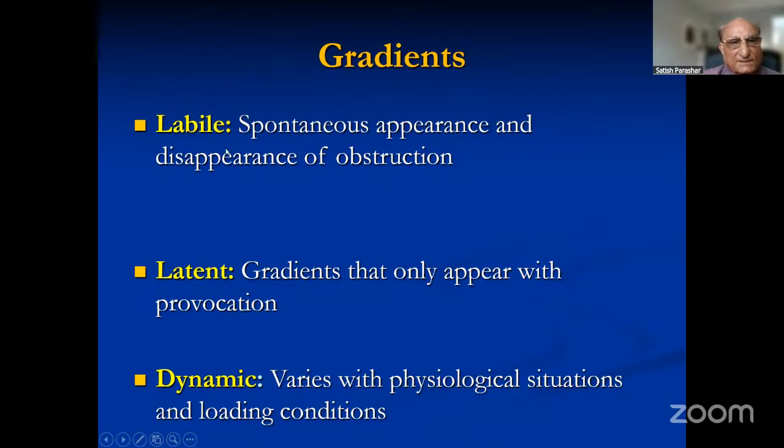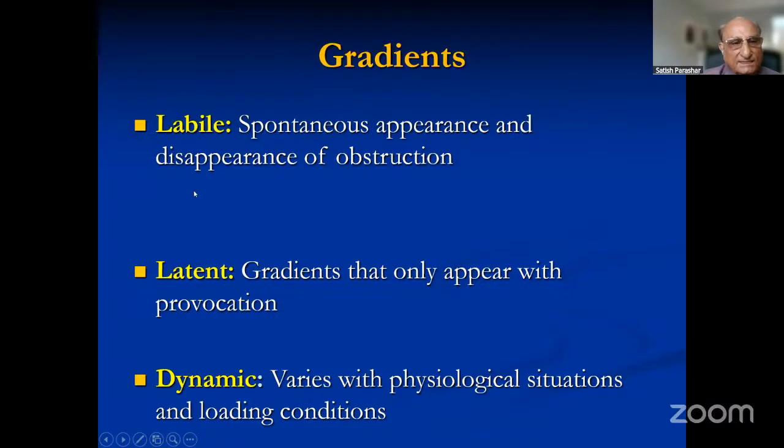A labile gradient is a spontaneous appearance and disappearance of obstruction. Latent gradients only appear with provocation. Dynamic means it varies with physiological situations and loading conditions.